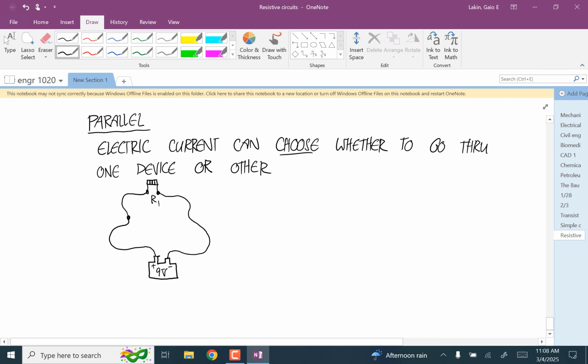And then there's also another resistor here, R2. And notice that this branching of the wires means once the current that's flowing from the positive gets to this junction here, it can't really decide, but you can think of it as like, if it was a person, it would have to decide whether to go through R1 or R2.